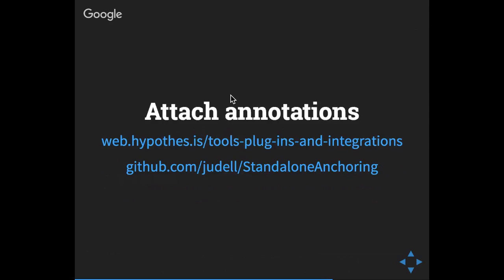And then to actually attach those annotations to the research paper page, we use this standalone anchoring script provided to us by John Udell at Hypothesis. You can access that and other tools like it for integrating Hypothesis on your site, and you can see other examples of other integrations. So that's what actually fetches those annotations and pulls them into the page.